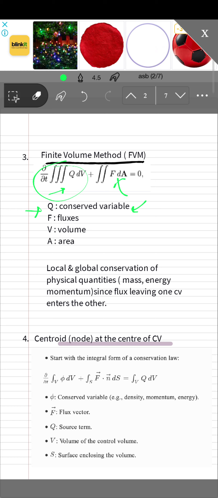This is what this equation actually means. That means if there is a local or a global conservation of physical quantities, that is mass, energy, and momentum, this is mainly because the flux is leaving one control volume and going into another control volume. So this phenomenon has been represented by this equation, and it is known as the finite volume method.